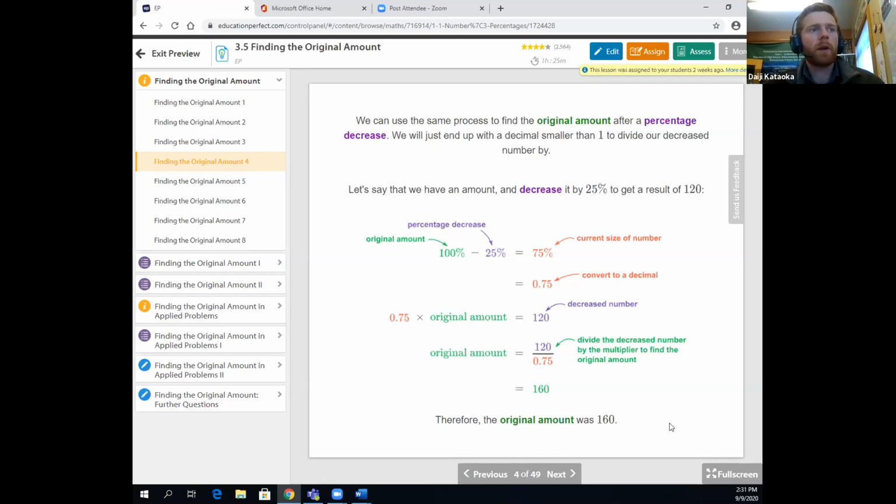So the original amount's 100%, we take 25% off that, which gives us 75%, which is 0.75. Then we've got our equation: 0.75 times the original amount equals 120. And in the same way, we would say original amount equals 120 divided by 0.75. That's using algebra to get our answer of 160. So the original amount was 160, and we decreased it by 25%.